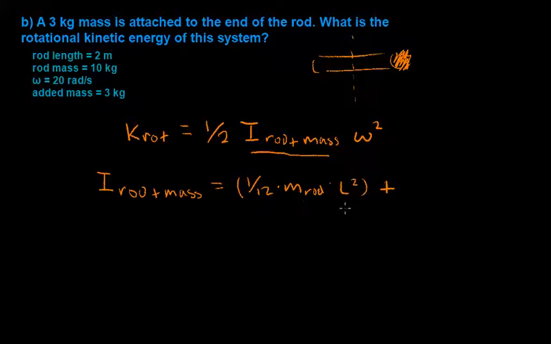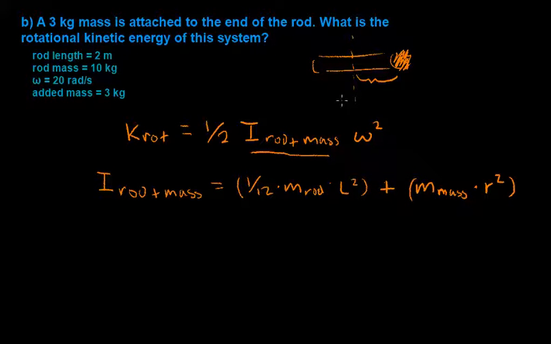So the moment of inertia of our rod will be added to the moment of inertia of our mass, which is equal to the mass times the distance from the mass to the axis where we're spinning, squared.